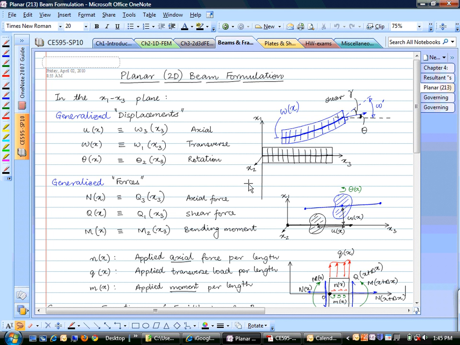This assumption is okay because even if it deforms in x2, for small deformations there is no coupling between x1, x3 and x2, x3, as long as your axis of the beam is a centroid axis and these x1, x2, x3 are the principal axes of the beam. So to simplify the rest of the derivation, we'll just consider that the beam is going to deform in this plane x1, x3.